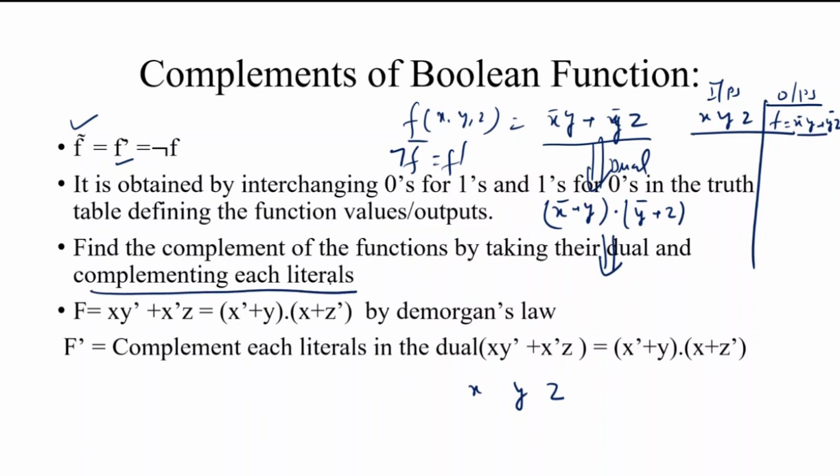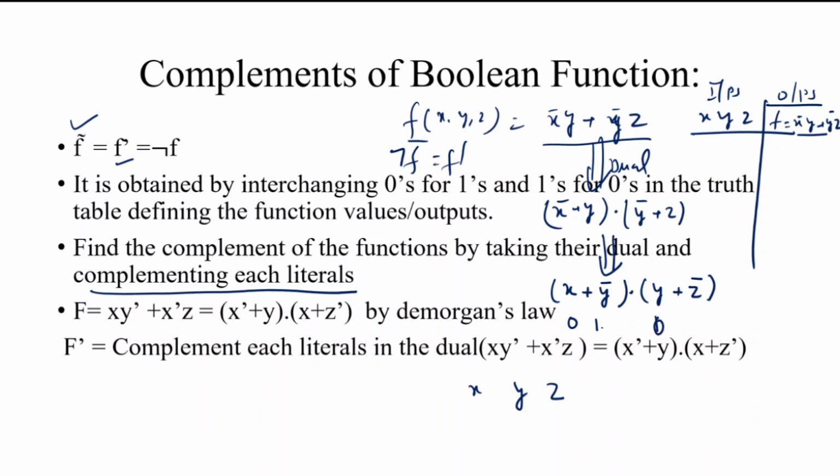So when we complement each literal, x complement becomes x, so we get x plus y complement, and y complement becomes y, so we get y plus z complement. This means in these possible combinations, when we find the possible input combinations in which the output value is 0, they are 0 1 and 1 0.